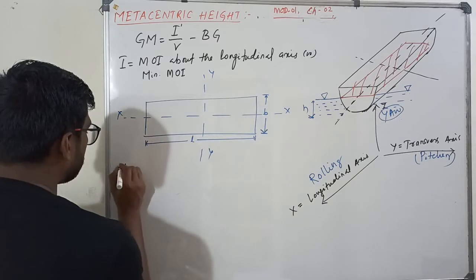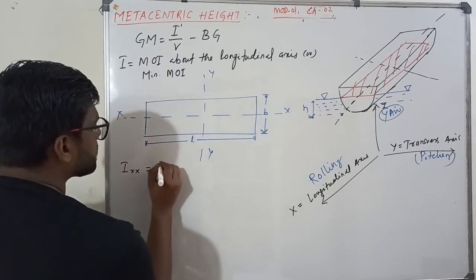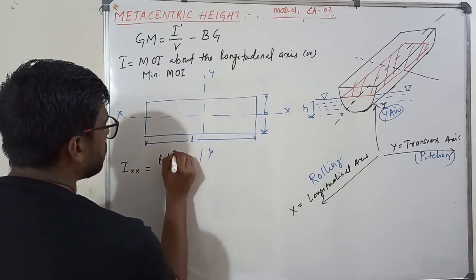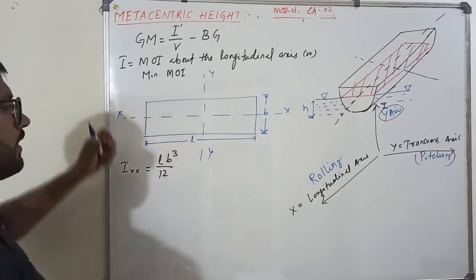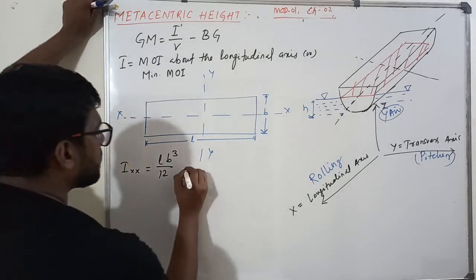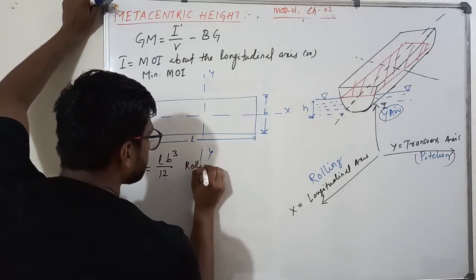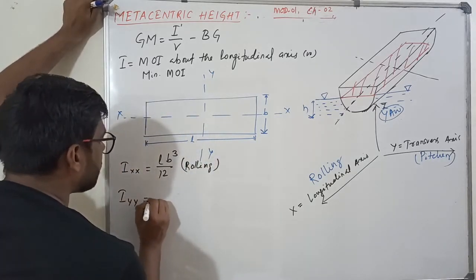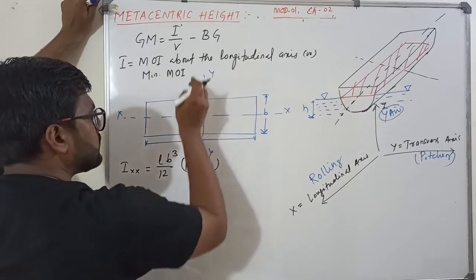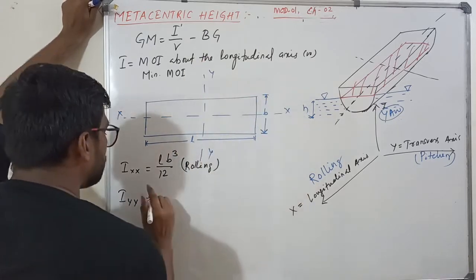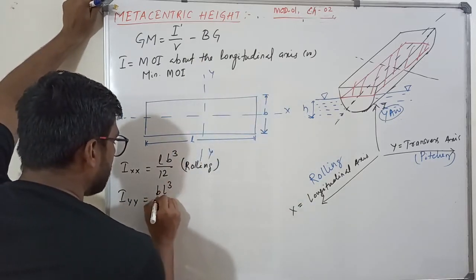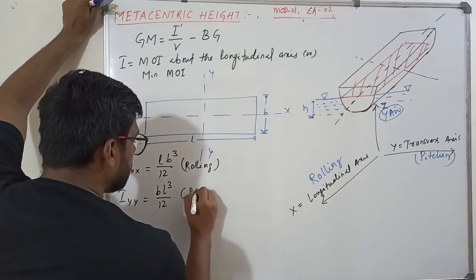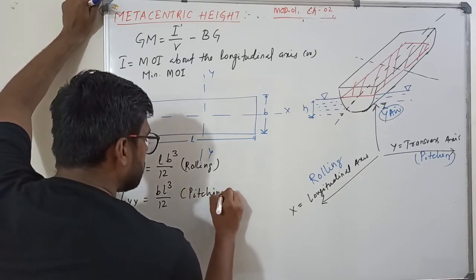It will be L B cube by 12. That is rolling. What is your Iyy? Iyy about this axis is nothing but B multiplied by L cube by 12. That is pitching.